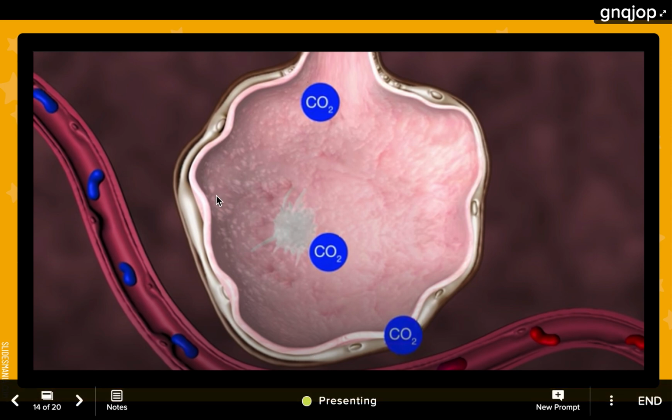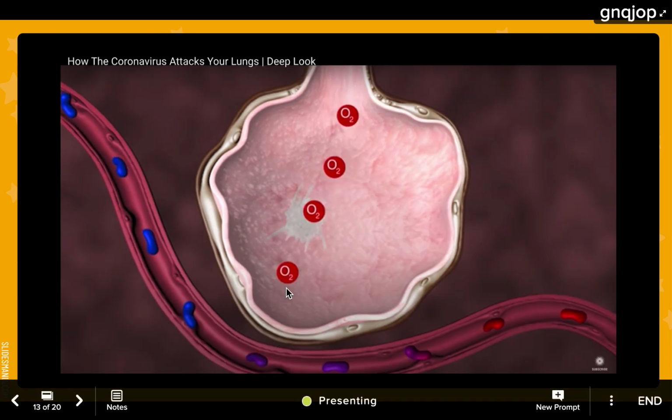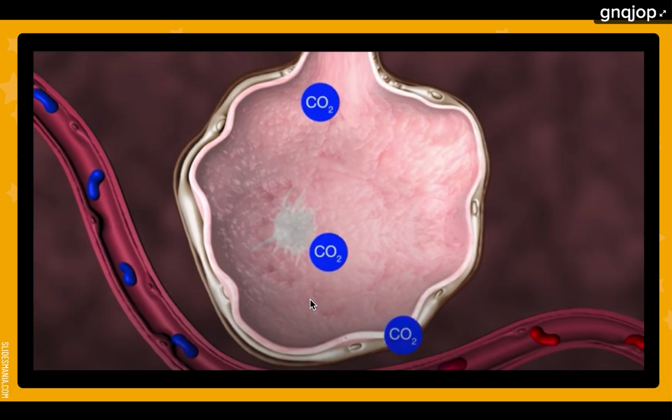Because of that, we can exhale carbon dioxide through our nose as well. So it is in this air sac called alveoli that oxygen enters our bloodstream and carbon dioxide leaves our bloodstream and leaves our body through the respiratory system.